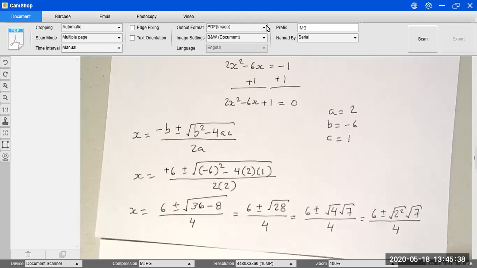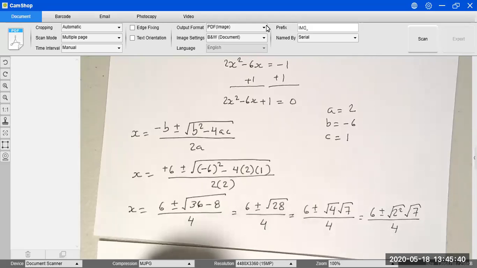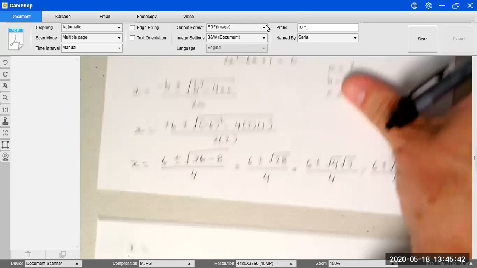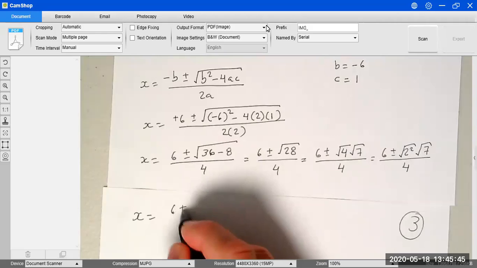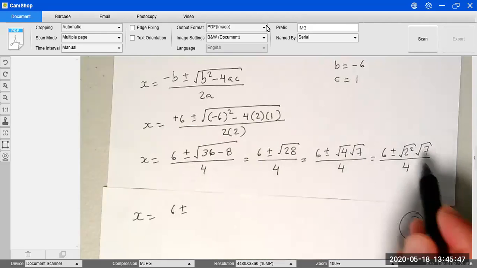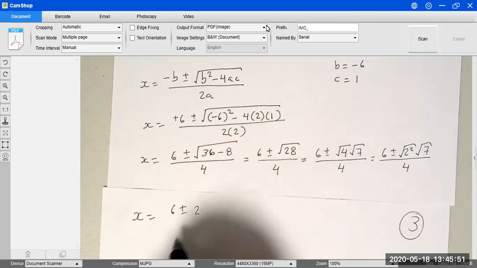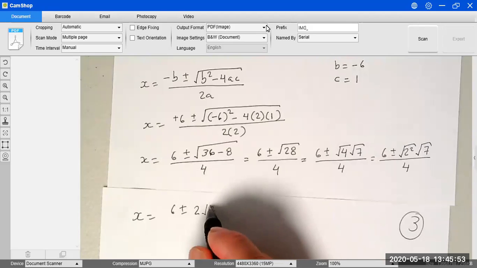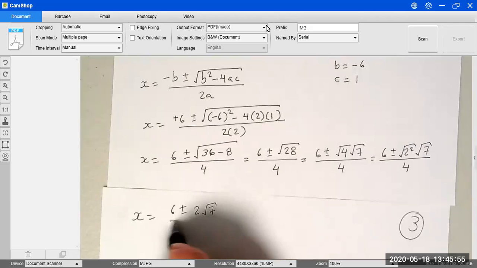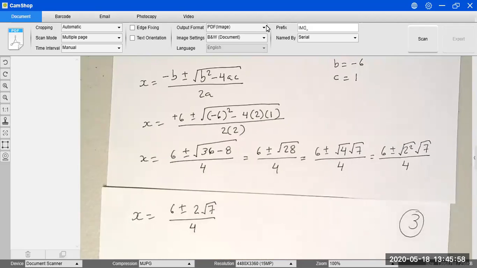So we have now that x equals 6 plus minus, you cancel the radical and the exponent and you get only the number 2 times the square root of 7 over 4.